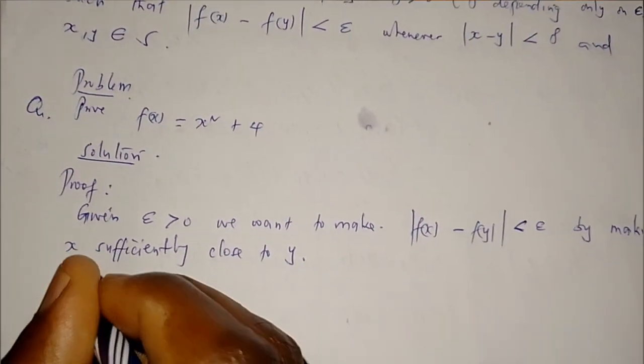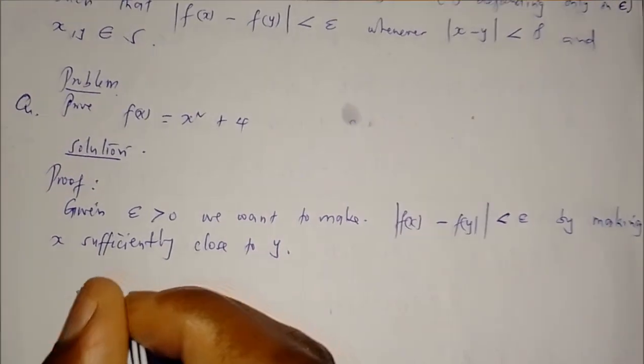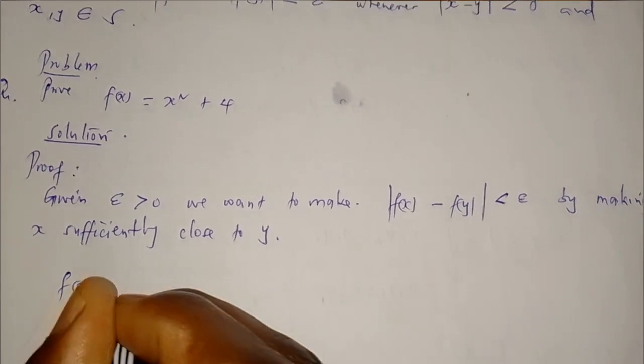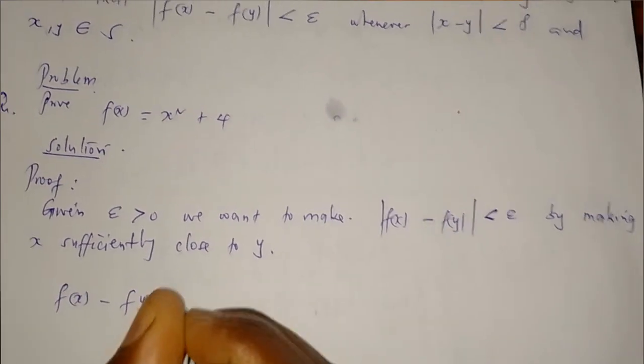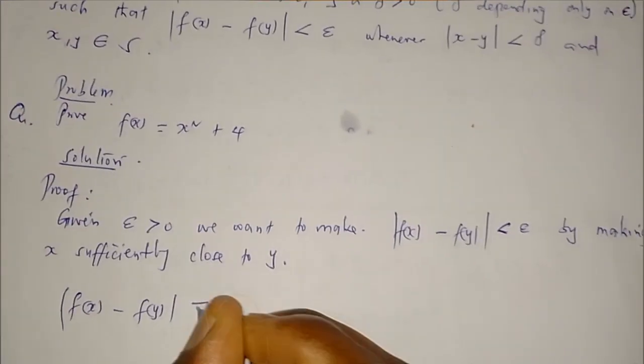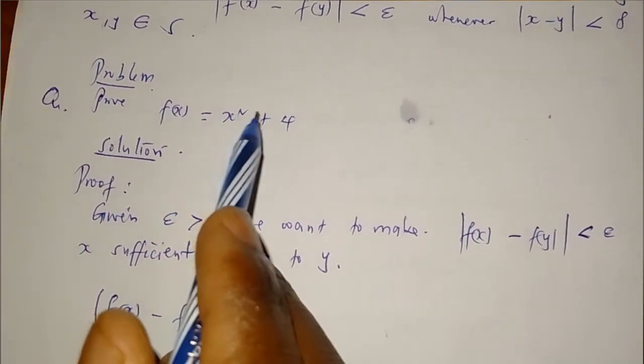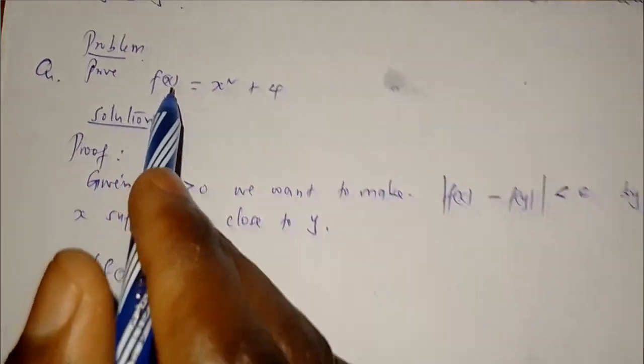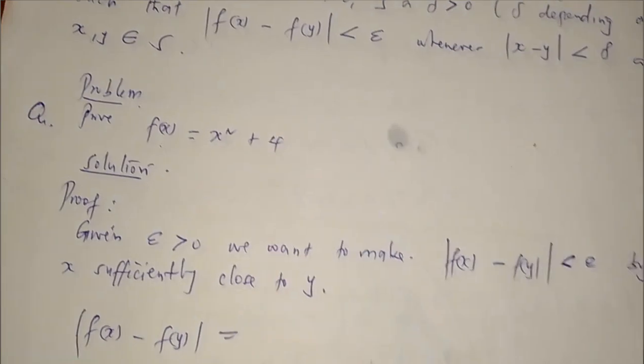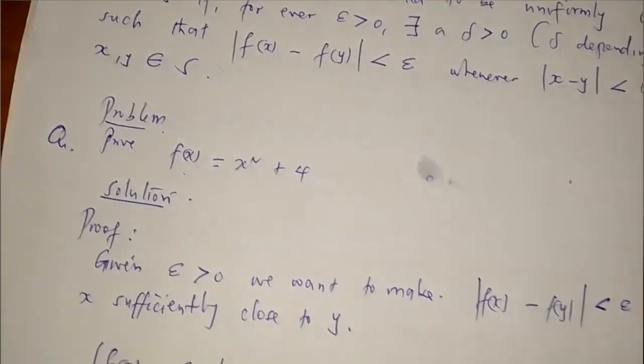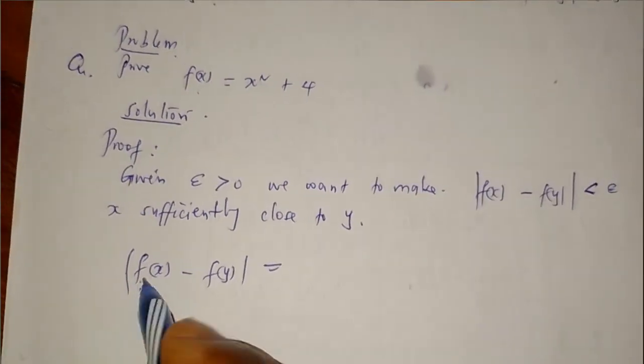Now, f(x) minus f(y) is equal to, remember we have been given f(x) as x squared plus 4, so we just substitute it there.